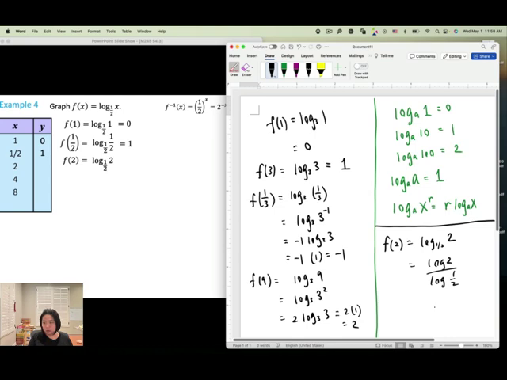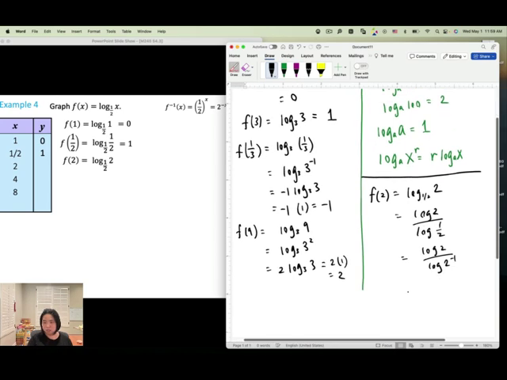And then log 2 over log 2 to the power of negative 1. The negative 1 is an exponent, so I could put it in the front. Okay, cancel out. That will be equal to 1 over negative 1, which is going to be negative 1 here.